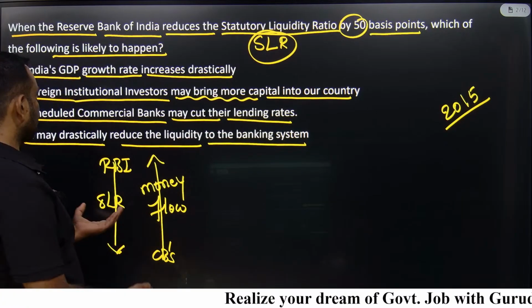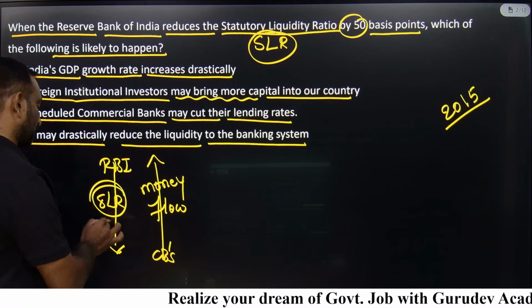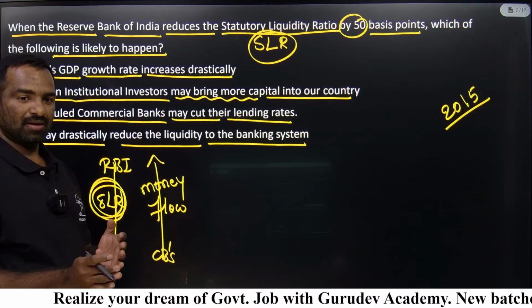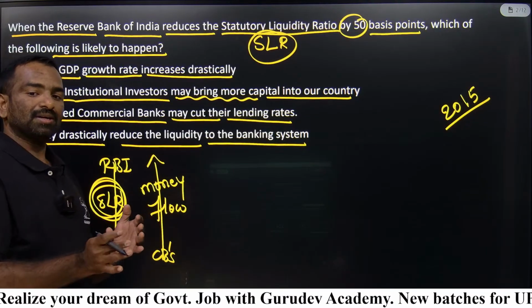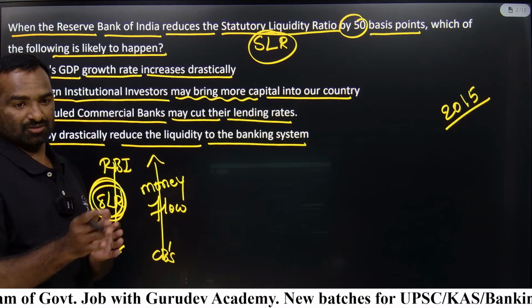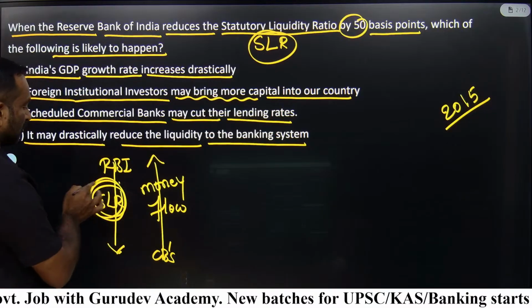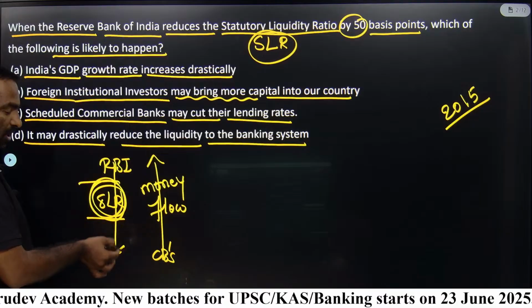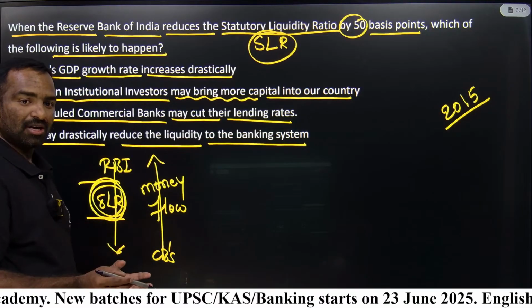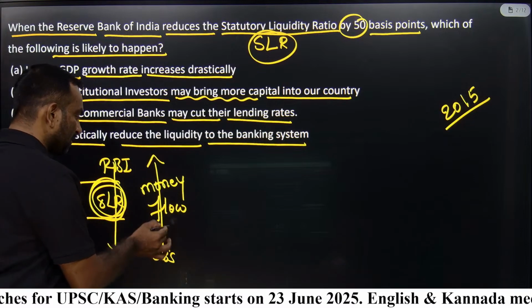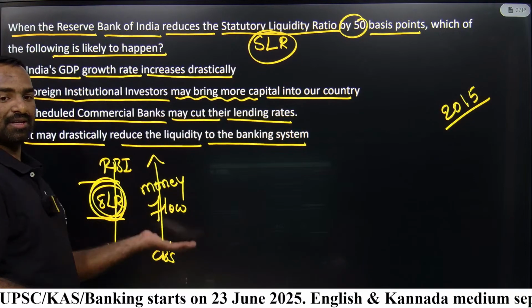Why? Because the SLR is the money decided by the RBI that the bank should keep themselves, and that reserve money is known as the SLR. When the SLR is reduced by the RBI, at the same time, the money flow in the commercial banks will increase.